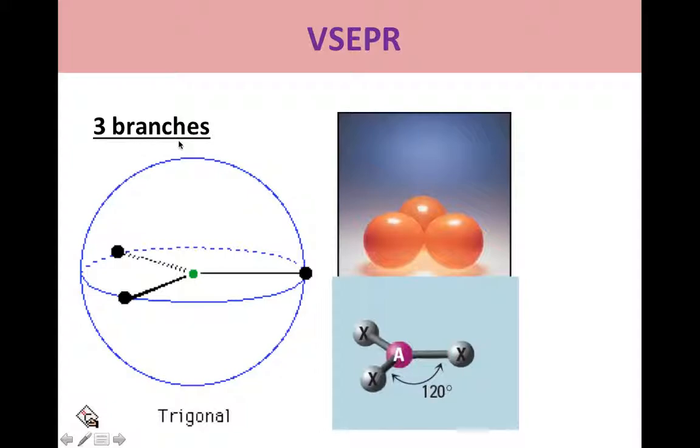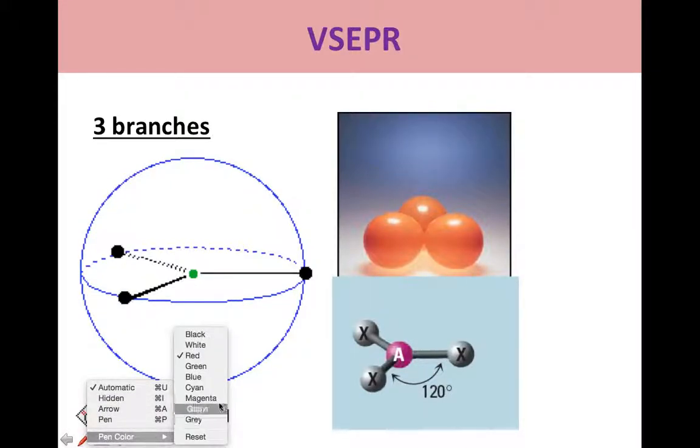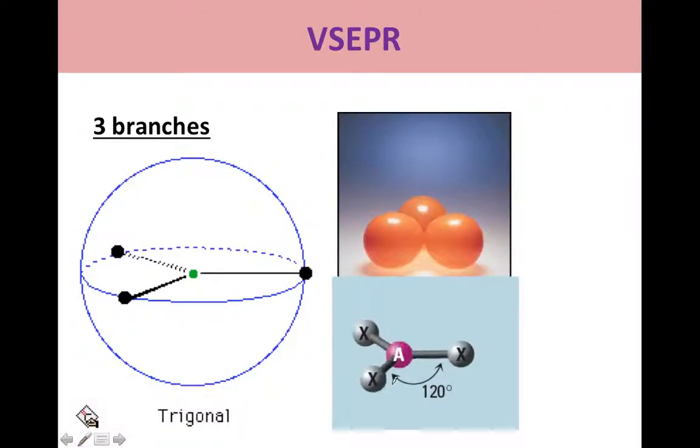When you have three branches, these electron pairs, like a balloon, will push each other away in a 120-degree angle. So you can see that. Right, you have this 120-degree angle between these two. Okay, and same here. This is 120 degrees.